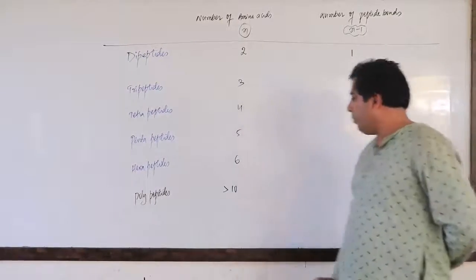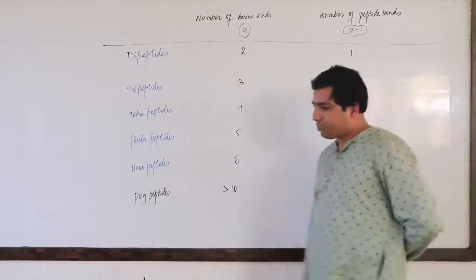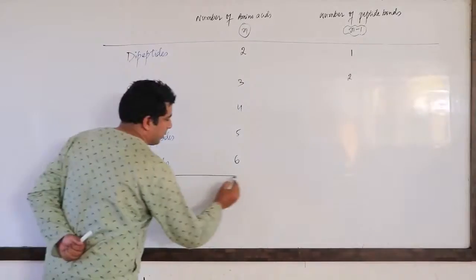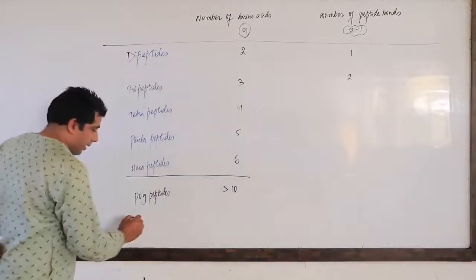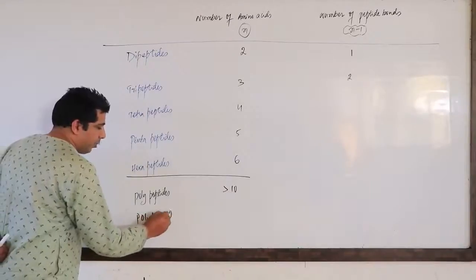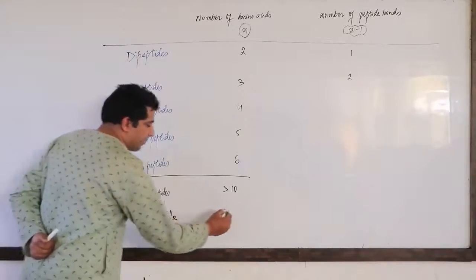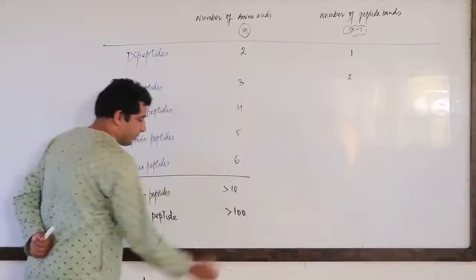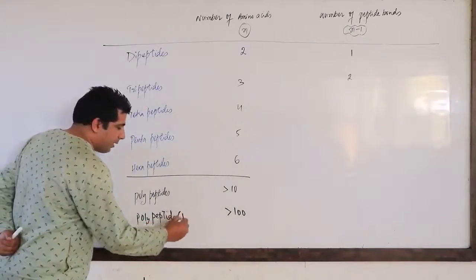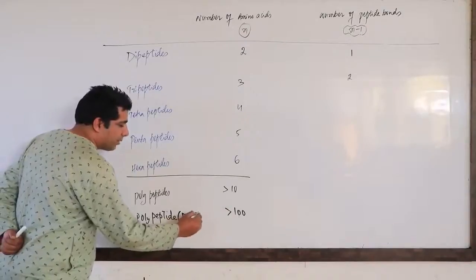Okay. Now, when it is more than 10, the same polypeptide, please try to understand, when it is more than 100, at that time this polypeptide will be called a protein.